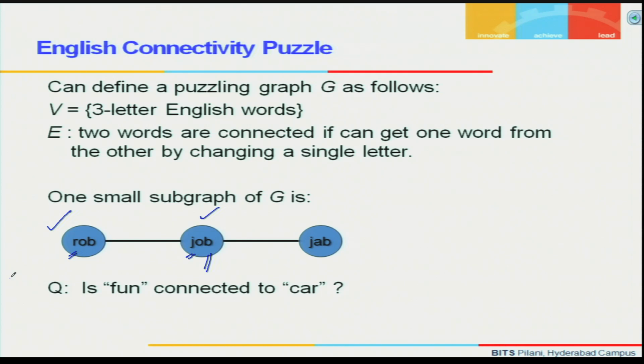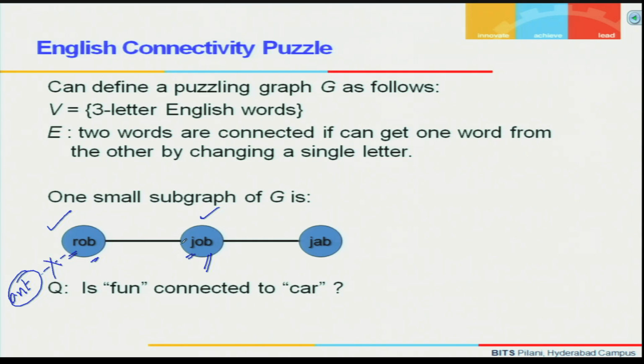If you ask me, ant is another English word. Am I going to connect ant with Rob? No, because ant cannot be derived by replacing one character from Rob. Hence, there will be no edge between Rob and ant.